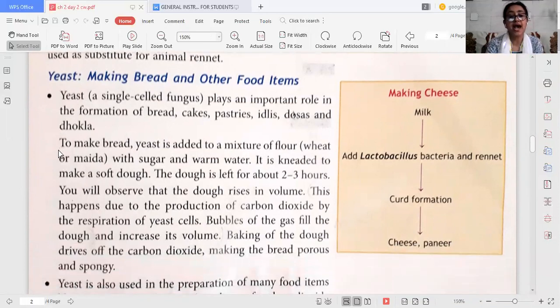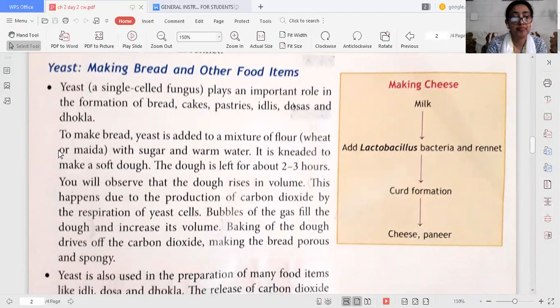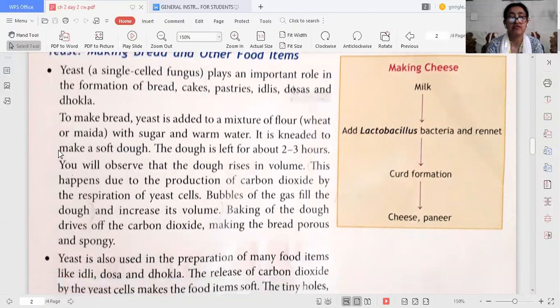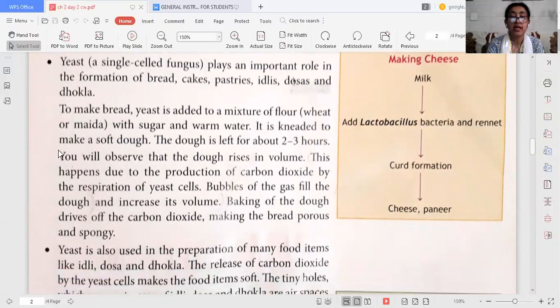When yeast is added to a mixture of flour, wheat flour or fine maida, with sugar and warm water, it is kneaded to make a soft dough. Now the dough is left for 2-3 hours, and after that time we will see that the dough becomes double. It rises in volume.